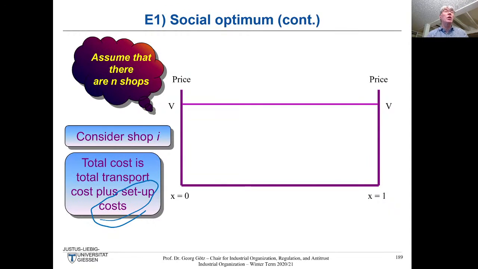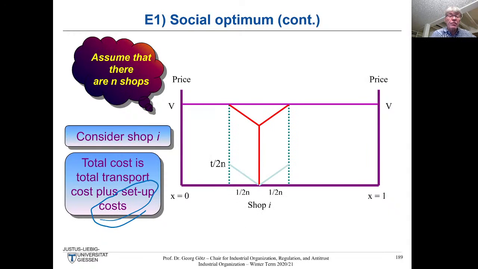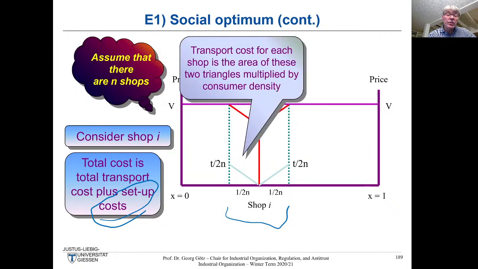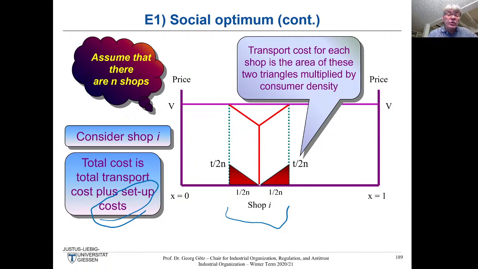This is also a cost in terms of our social planner. And what we see here is, if we have n shops, each shop will serve 1 over n consumers, and therefore the total transport costs will be just these two red triangles. Because this guy here with the maximum distance has this transport cost, and all others accordingly.